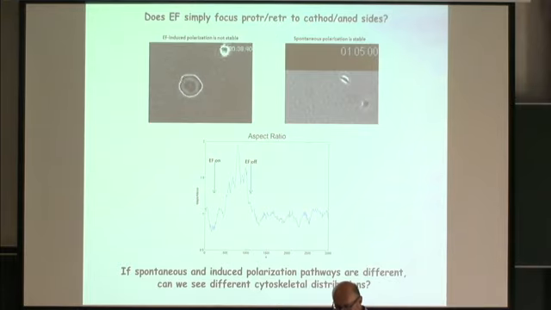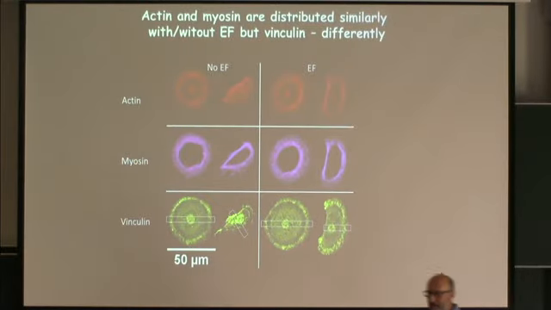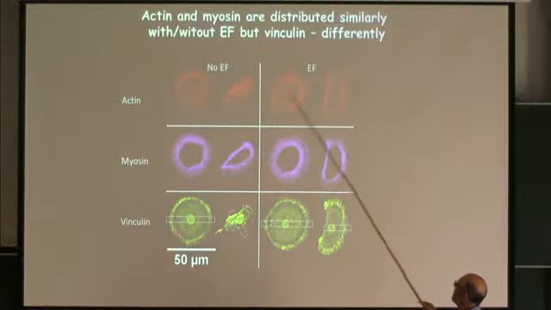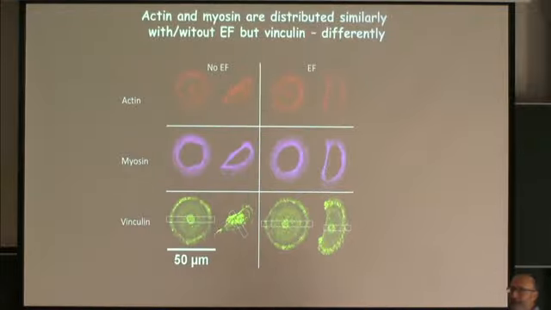And the clue of what is different comes if you start looking at the distribution of actin, myosin, and vinculin, which is one of the adhesion proteins. So actin is distributed the same in the motile state and in the stationary state.